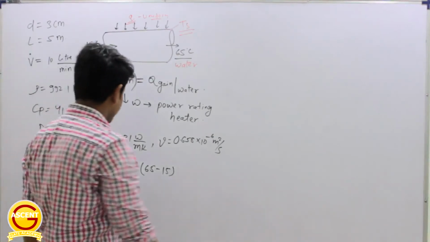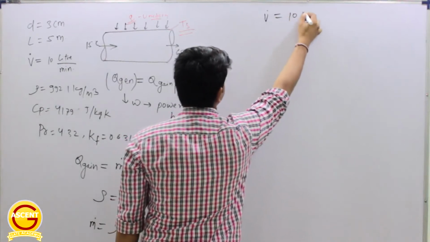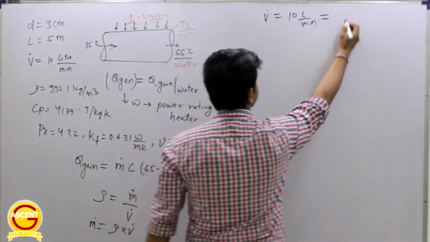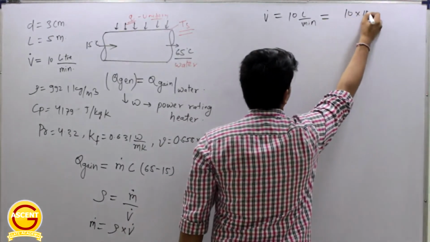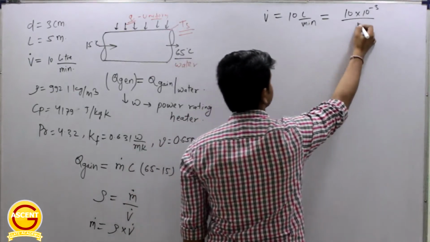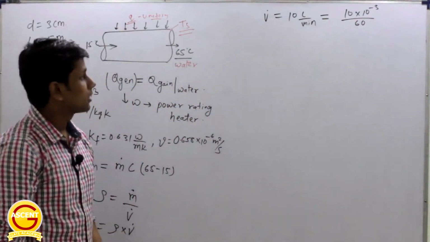The SI unit will be meter cube per second. So this volume flow rate, which is given as 10 liter per minute, convert this into meter cube per second, so it will become 10 into 10 power minus 3 divided by, in 1 minute there are 60 seconds, right? So this will become our volume flow rate.